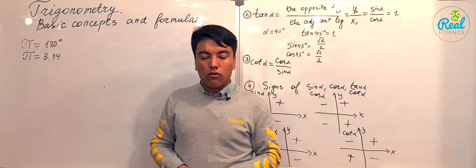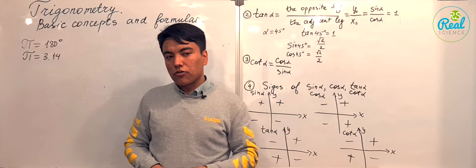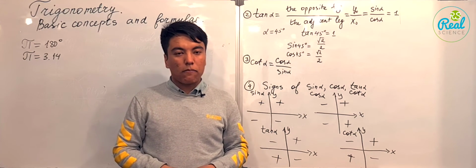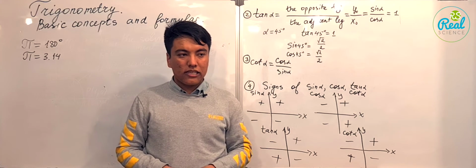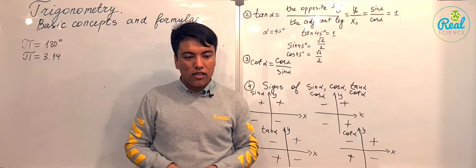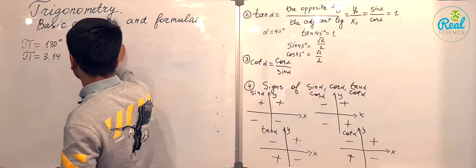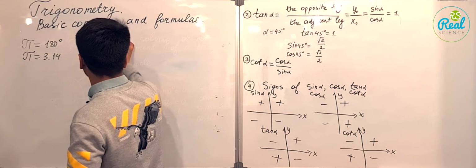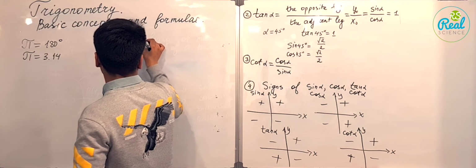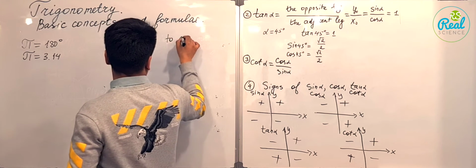But when we are writing angles like pi over 2, pi over 3, pi must be 180. Okay, now the formula from angle to radian.